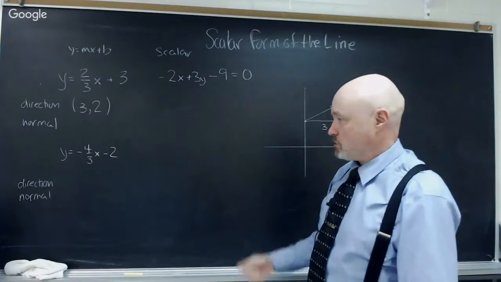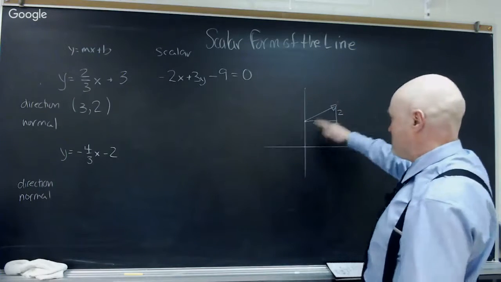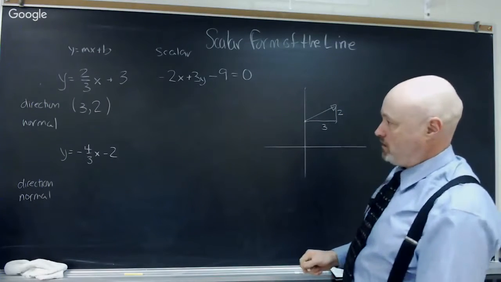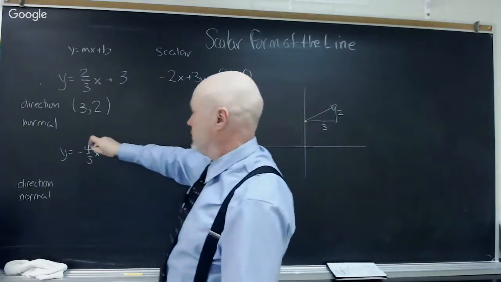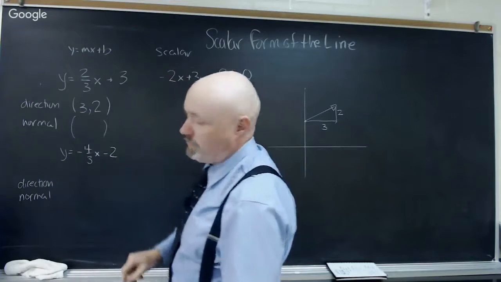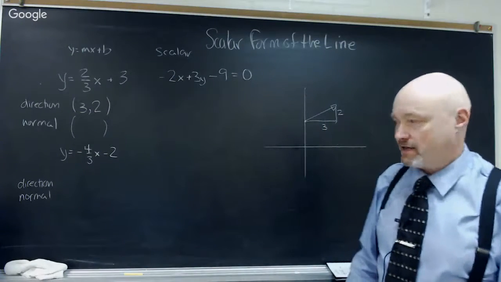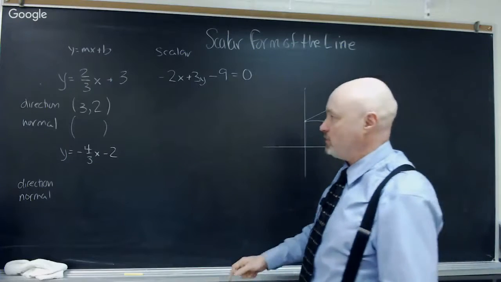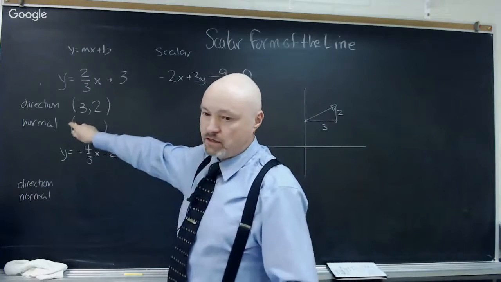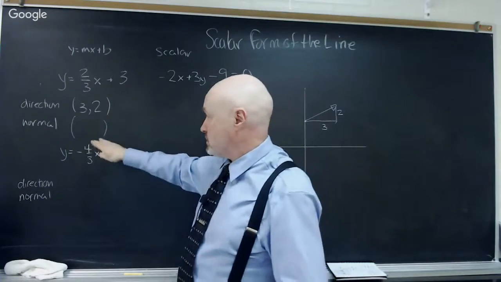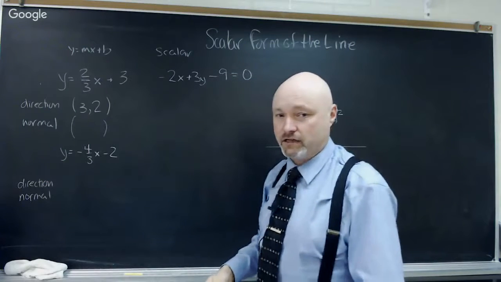Yep. Okay, makes sense, right? That vector is going to run all along that line. What is a normal vector? When we say normal for vectors, we mean perpendicular, which is kind of funny.